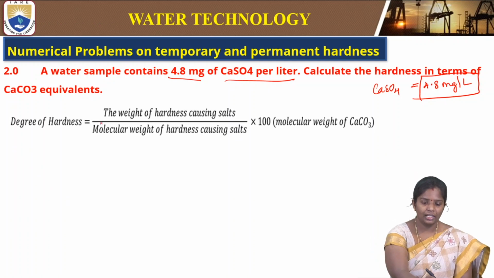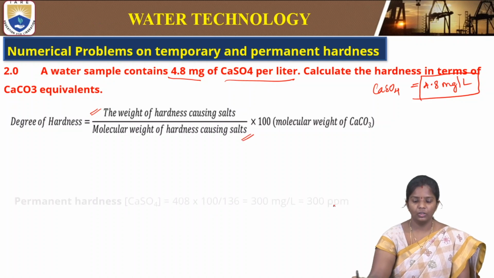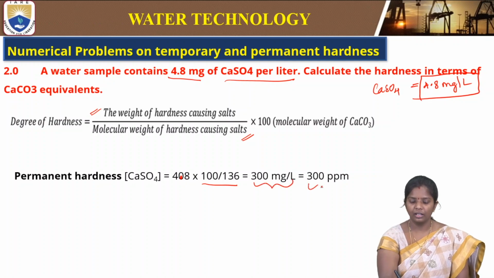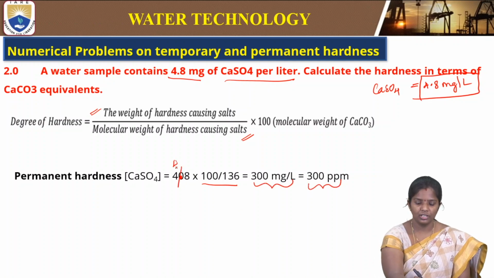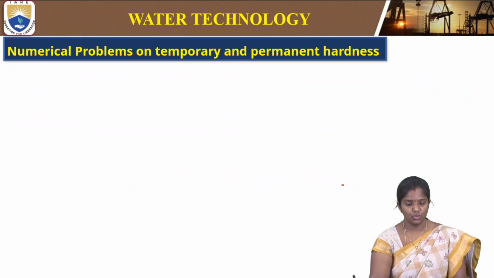So we first calculate the weight of the hardness causing salt by molecular weight into 100, and we get 4.8 into 100 by 136, which gives 300 mg per liter or 300 ppm. So this is 4.8 and 300 ppm, and mg per liter is nothing but ppm. So this is the permanent hardness present. Only one salt is present, so that is responsible for permanent hardness.